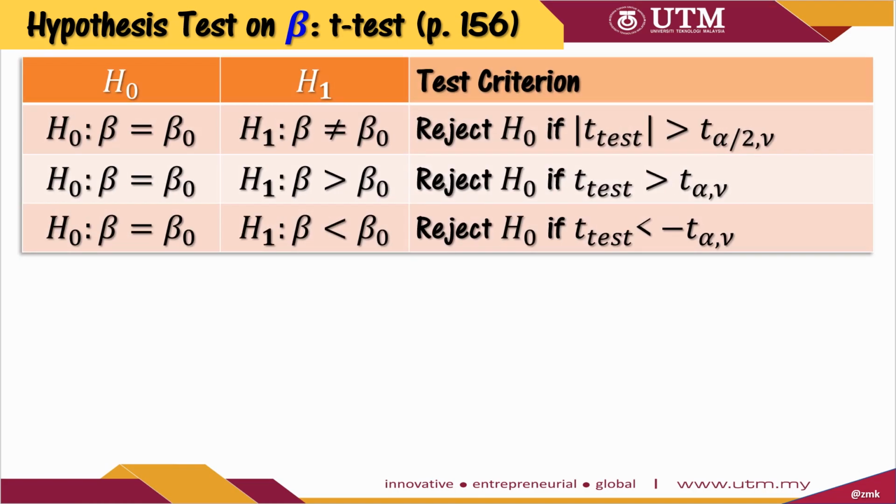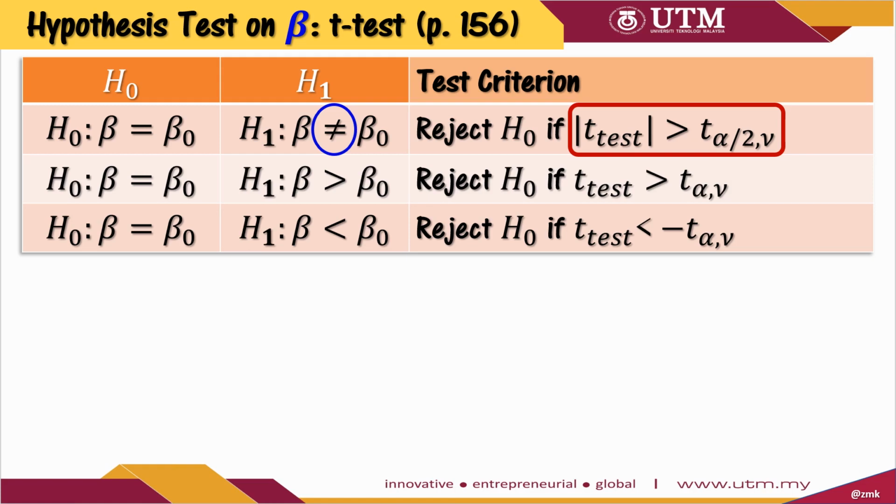The first option is a two-sided alternative hypothesis where under the null hypothesis, beta is simply equal to beta naught, whereas under the alternative hypothesis H1, beta is different from beta naught. The decision rule is to reject H naught if the modulus of t-test statistic is greater than a t critical value at alpha over 2 and degrees of freedom nu.